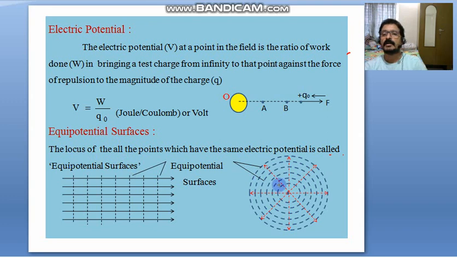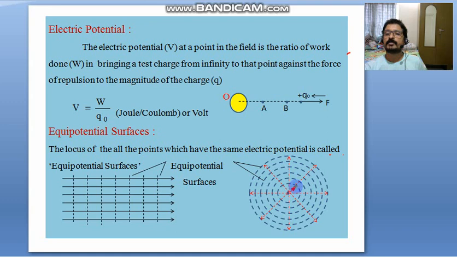Hence, let's have a look at the equipotential surfaces. Suppose we have a positive charge here. This is the distance of the first circle, the radius of the first circle.